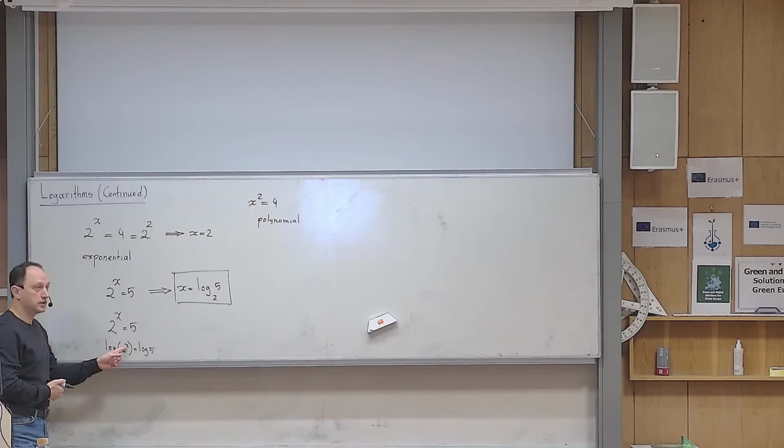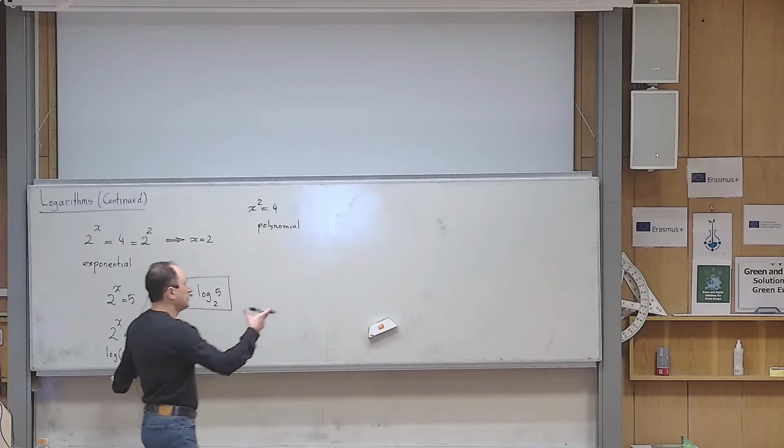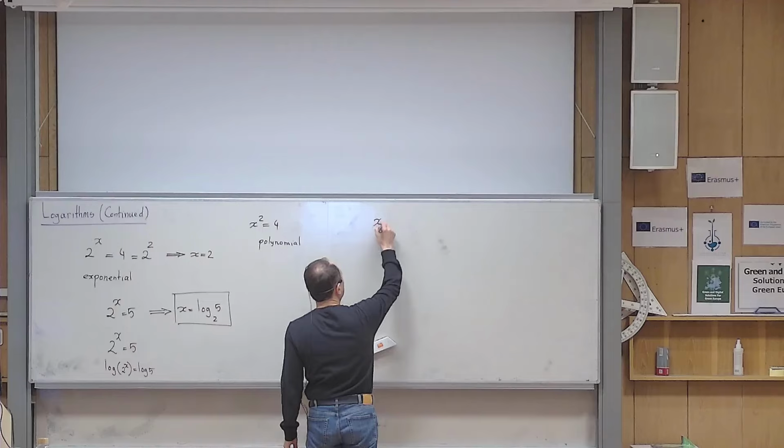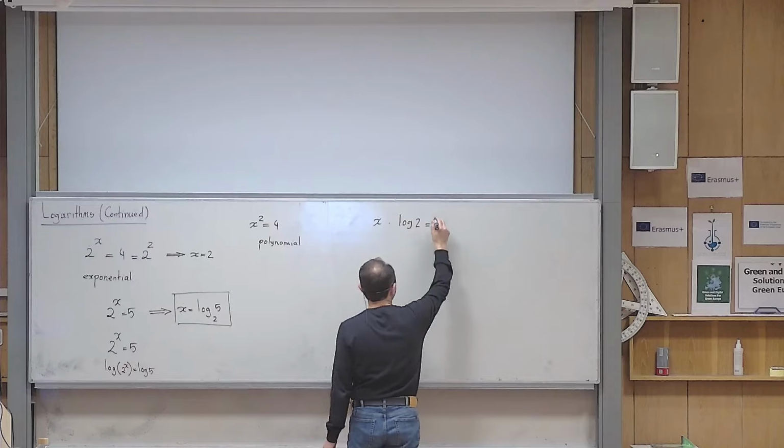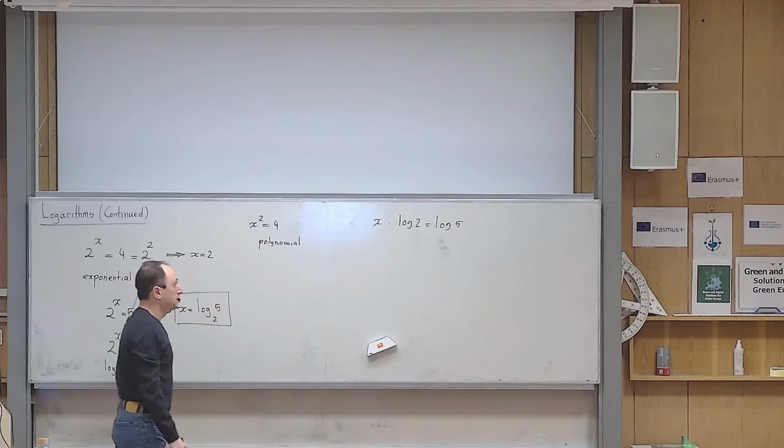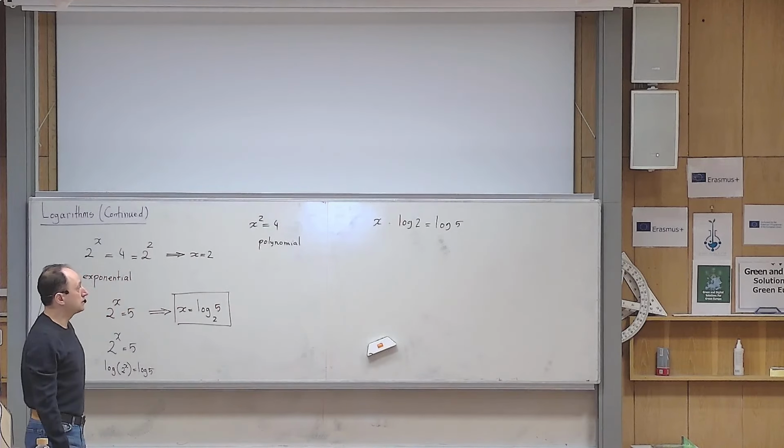What happens to this x, do you remember? If x is in the power, it comes down in front of the log. So it becomes x times logarithm of 2 is equal to logarithm of 5. But now I want to isolate x. What is your suggestion? Division. You divide.